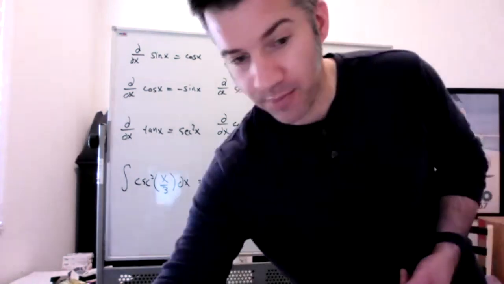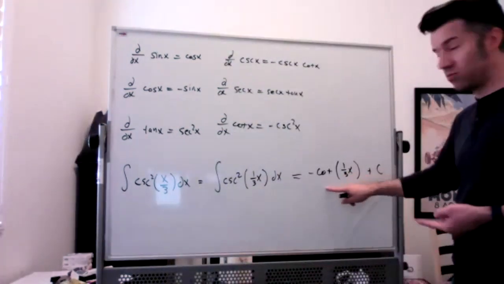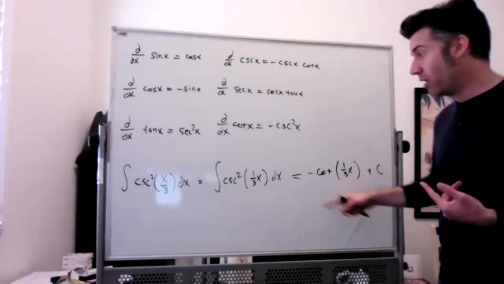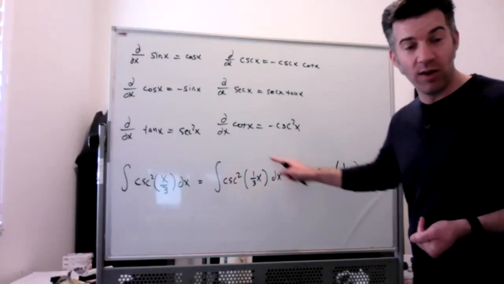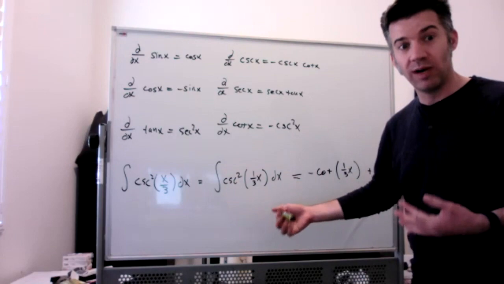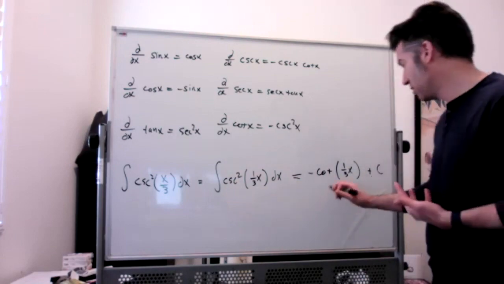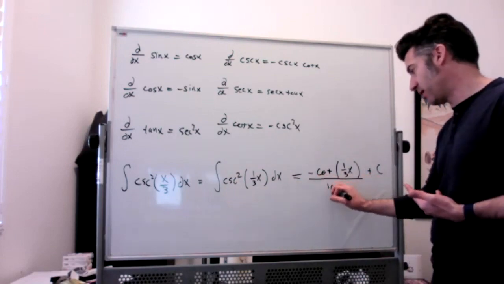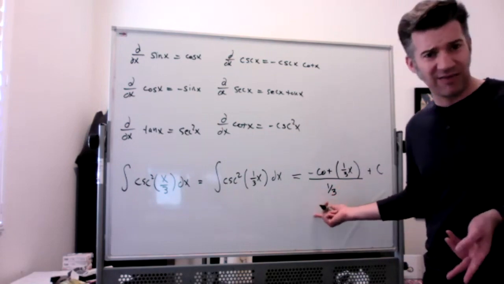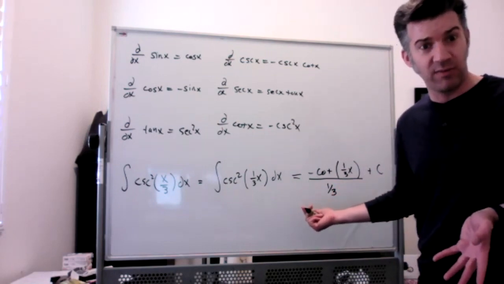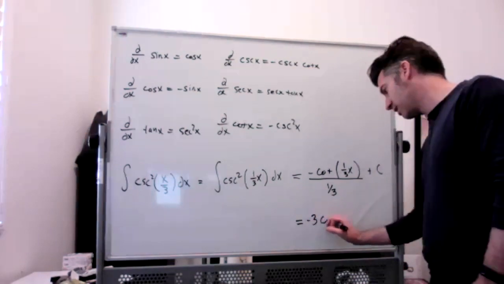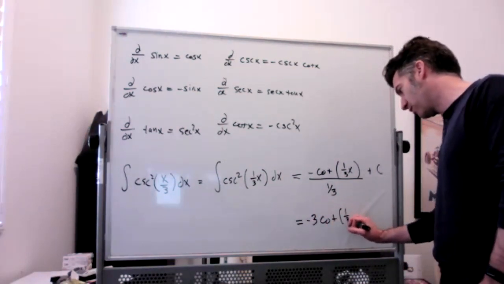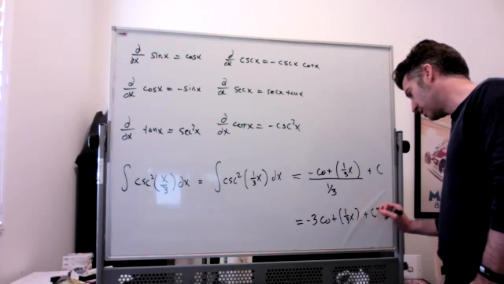If you took the derivative of this, you would multiply by 1/3, and you would get 1/3 cosecant squared of 1/3 x. We don't have a 1/3 here. So to adjust for that, we're going to divide by 1/3. Of course, I'm not going to leave it like that, because dividing by a fraction, I'd rather flip and multiply. So this is actually equal to negative 3 times cotangent of 1/3 x plus c.